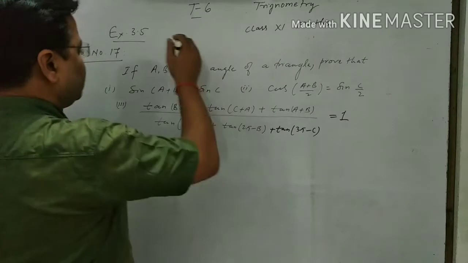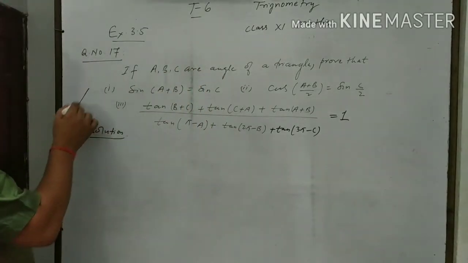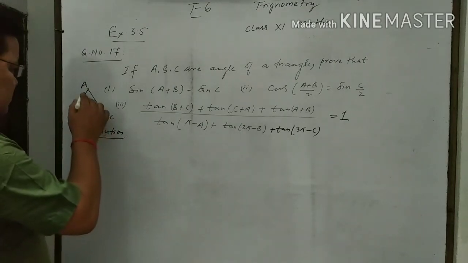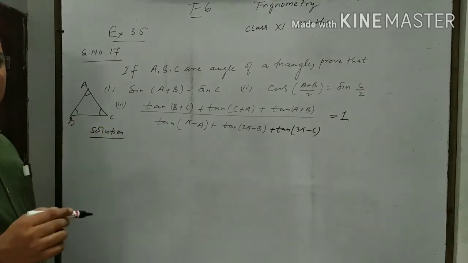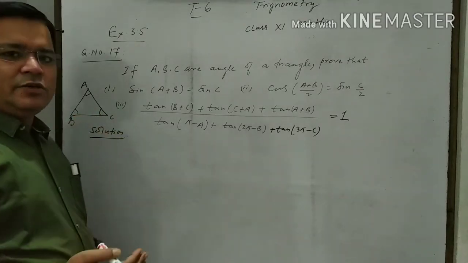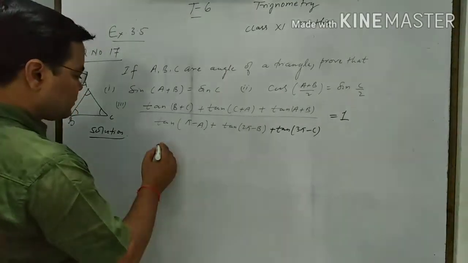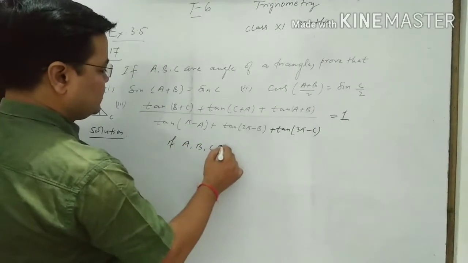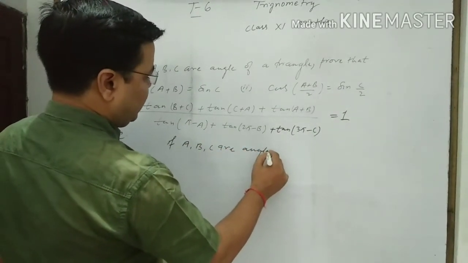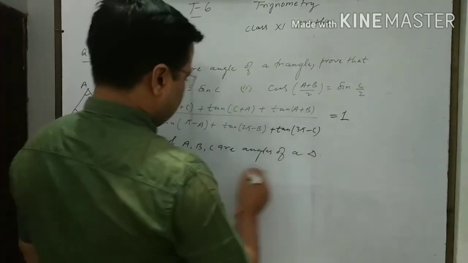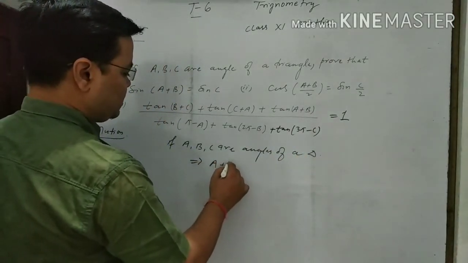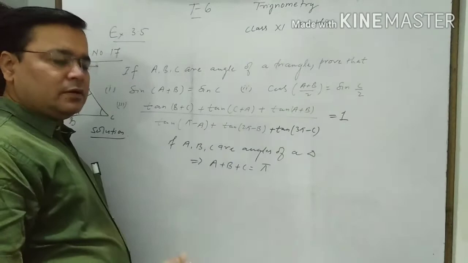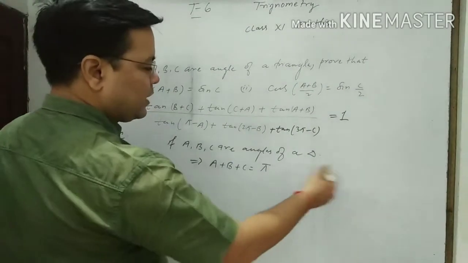Dear student, we know that in a triangle, let these be A, B and C. According to the angle sum property of the triangle, the sum of the three angles of a triangle is equal to 180 degrees. So if A, B, C are angles of a triangle, then A + B + C = π, by the angle sum property.